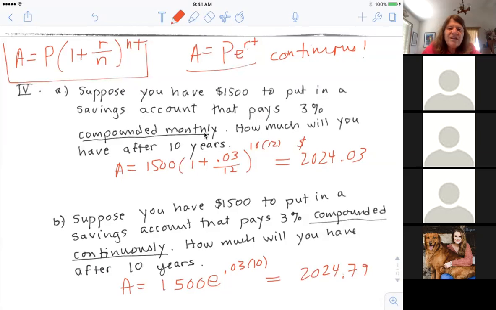Original amount's $1,500, that's my P. 1 plus 0.03 is my interest rate, so there's my R. I'm compounding monthly, that means 12 times a year. And then this is the number of times you get to compound. Well, if you do it 12 times a year for 10 years, you just need to multiply there. That's gonna be 120. I wound up with 2024.03.